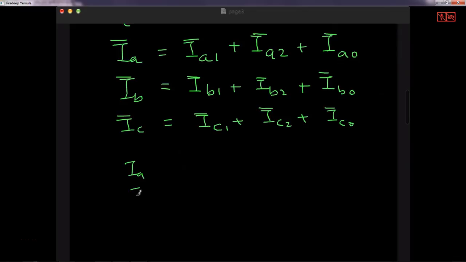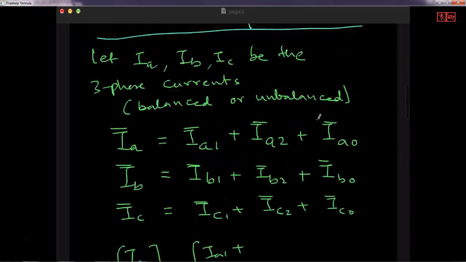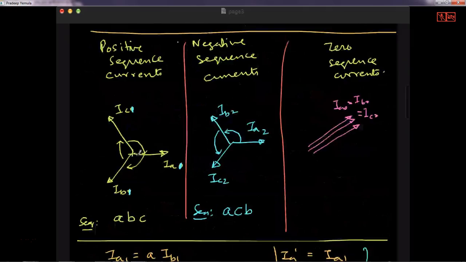So IA, IB, IC is equal to, so IA1 plus IA2, see IA1 and IA2 both are same. You look at the diagram. So this is just exactly same as this one.